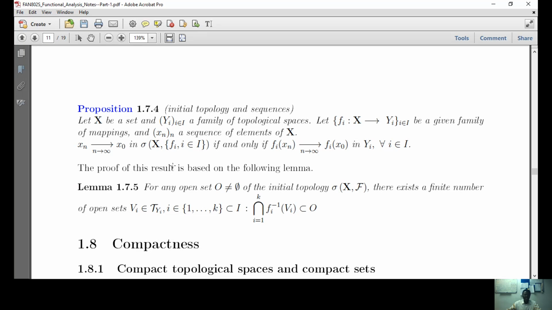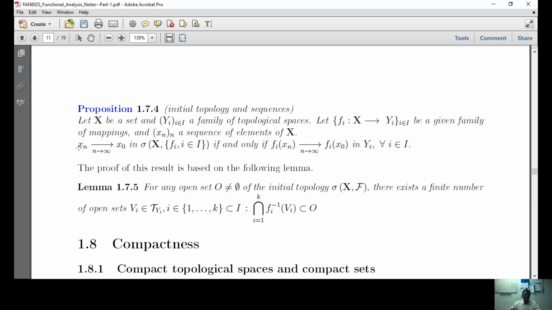We define the initial topology sigma on X with the collection of f sub i.